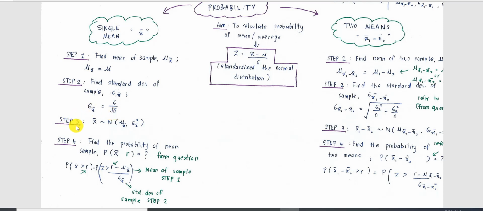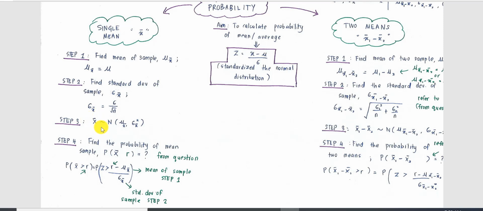Step 3. We are going to write the notation of the normal distribution. We have the x bar. What does x bar mean? From chapter 3, we only used x, right?